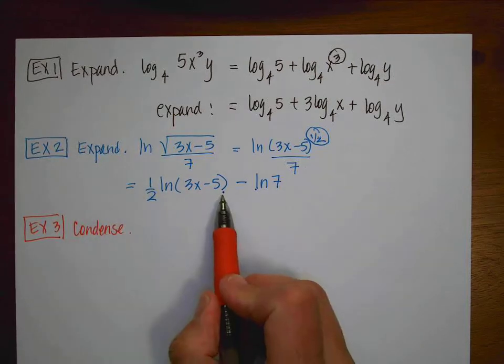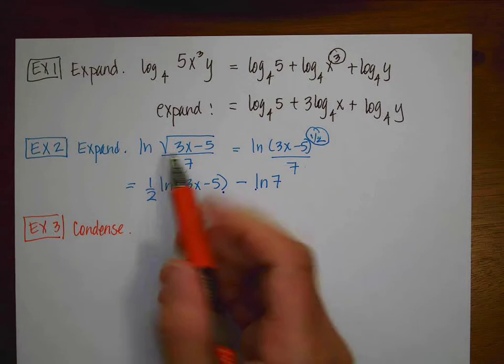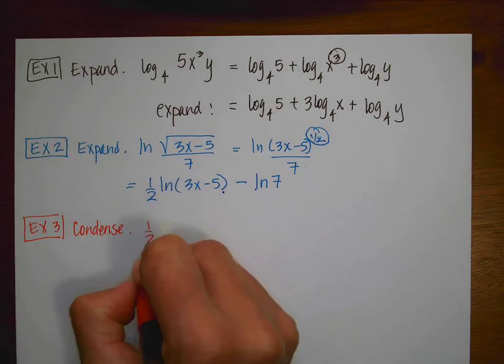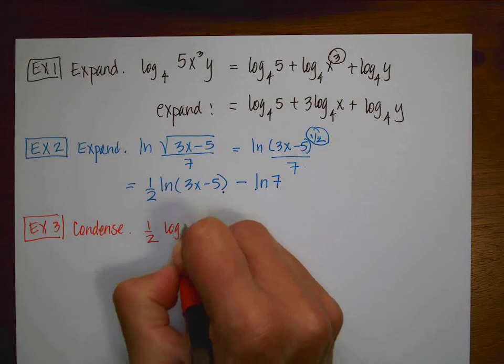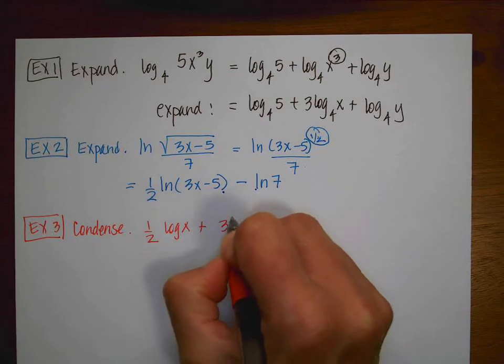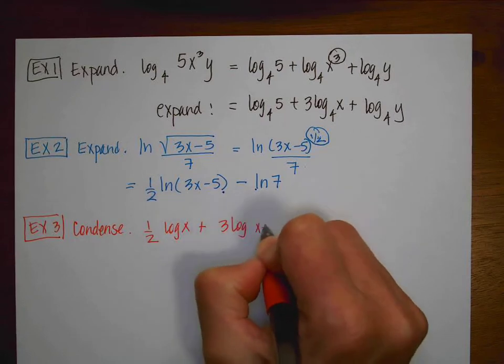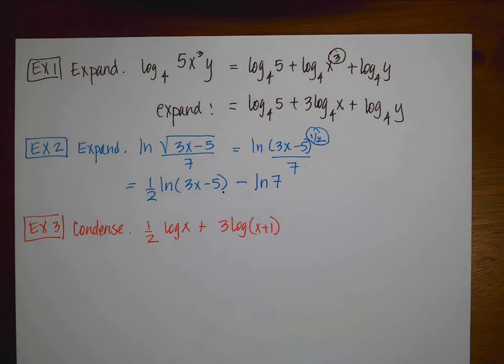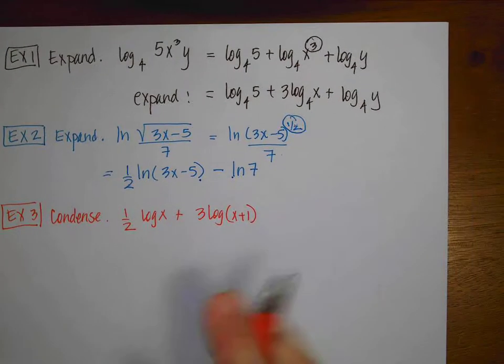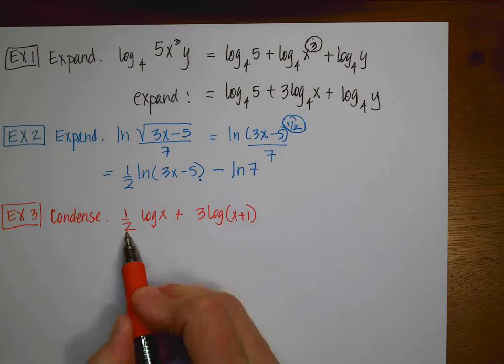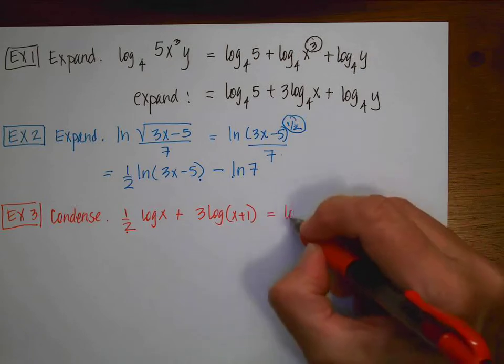All right, next example, we're going to go the opposite direction, and it says to condense, which means I'm going to take an expression that looks like this and make it look something like this. So in this one, I have 1/2 log of x plus 3 log of x plus 1. And just for the first time, I'm going to do it one step at a time. The first thing that I'm going to do is manage my exponents.